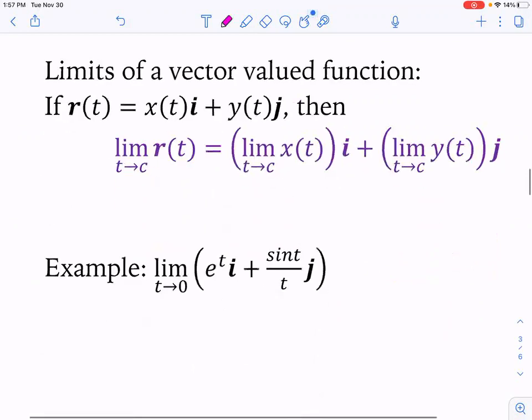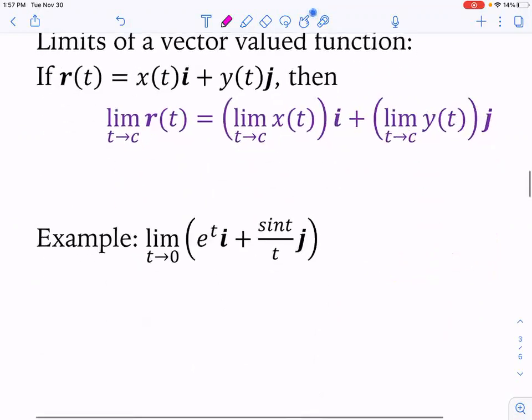I'm going to go ahead and do this limit right here when you have written down what you need to.